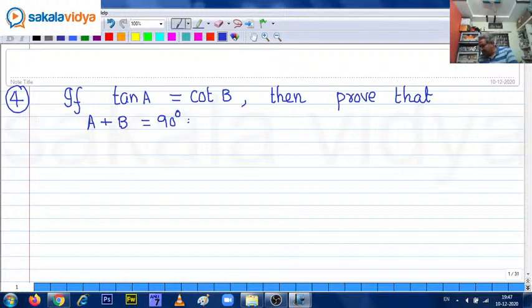Then prove that A plus B is equal to 90 degrees. Here tan A equals cot B means we need to express tan in terms of cot. That means tan A equals cot of (90 minus A), we can write.